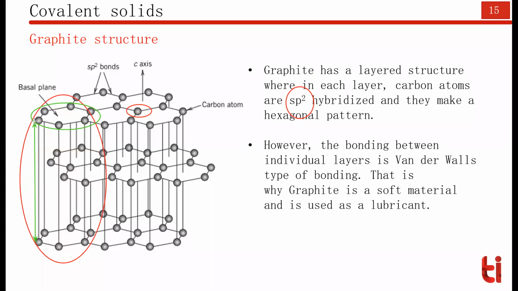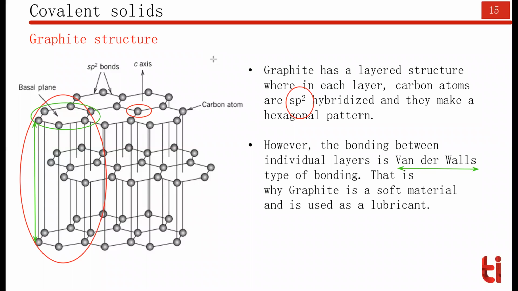And because of that, graphite has a peculiar characteristic that one layer of graphite can slip over the other layer, and because of that we have been taught that you can use graphite for lubricating purposes. Why? Because of the presence of van der Waals bonds between two layers of graphite.